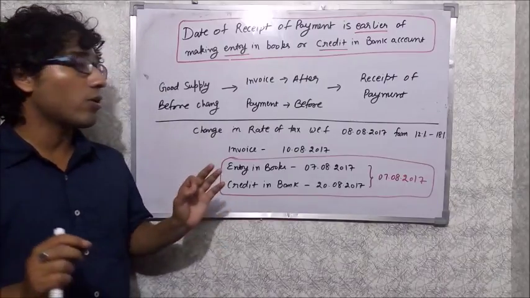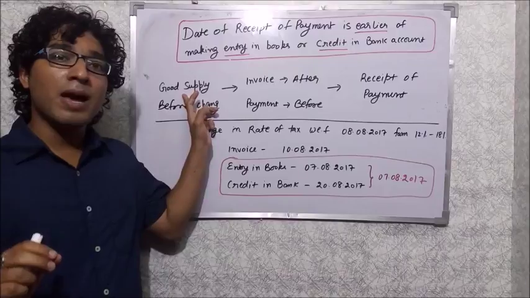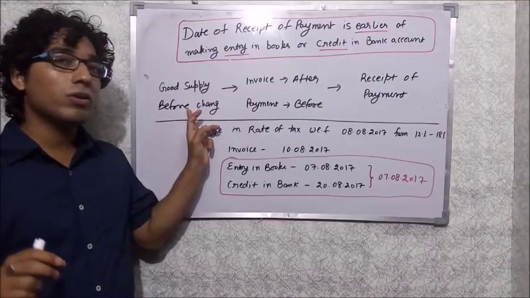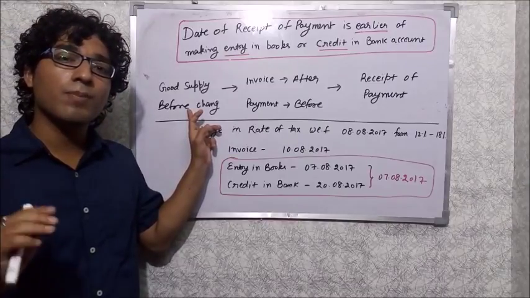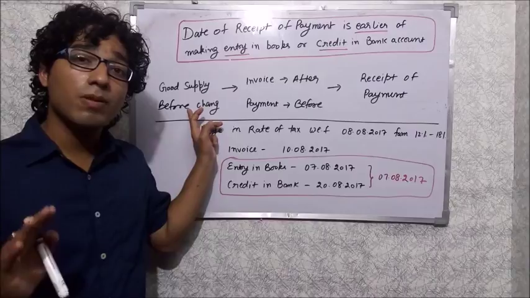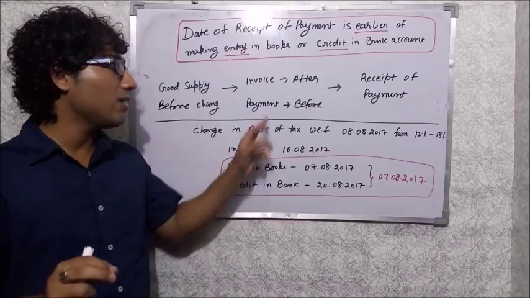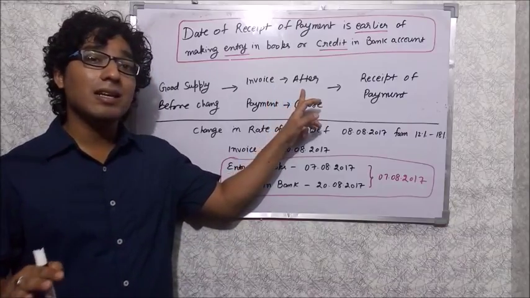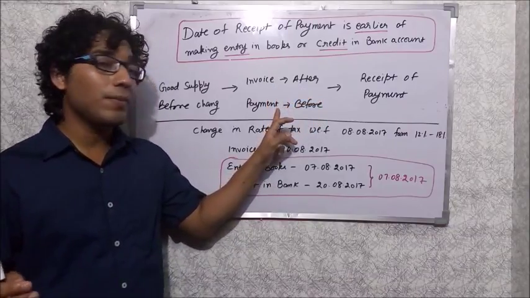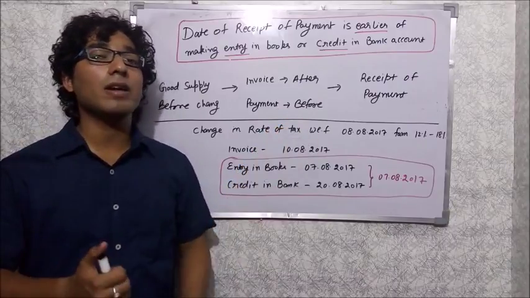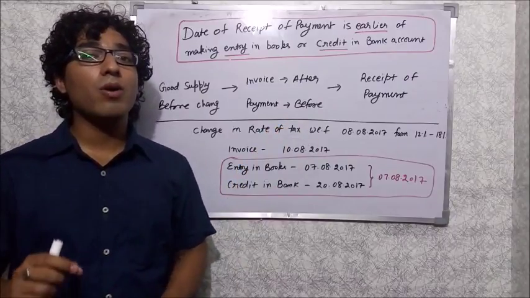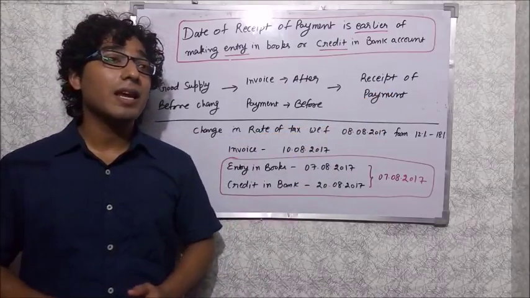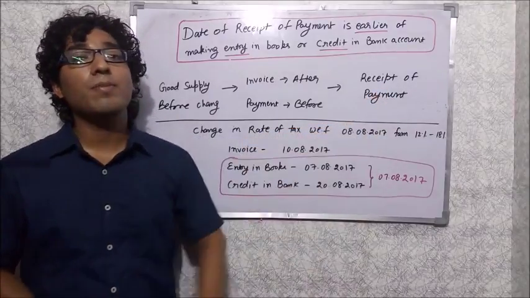So we know that according to the law, if the supplier supplies the goods or services before the change in effective rate of tax, and the invoice is issued after the change in effective rate of tax, and the payment is received before the change in effective rate of tax, then the time of supply of goods or services will be the date of receiving the payment by the supplier.